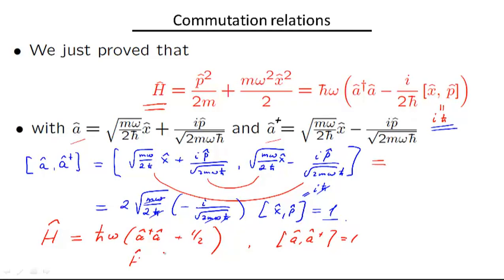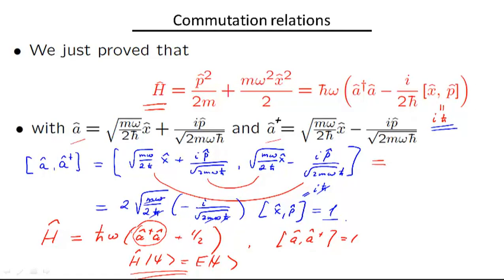Namely, if we want to solve the equation H psi equals E psi, and if psi happens to be an eigenfunction of a dagger a, it would indeed be an eigenfunction of the whole Hamiltonian H with a slightly shifted energy, because the identity operator just reproduces the function. So in order for us to find the spectrum of the operator H, to find the eigenfunctions and eigenvalues, we have to focus on the eigenvalue problem for this operator a dagger a.